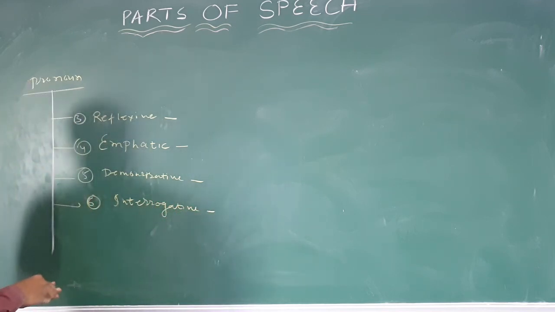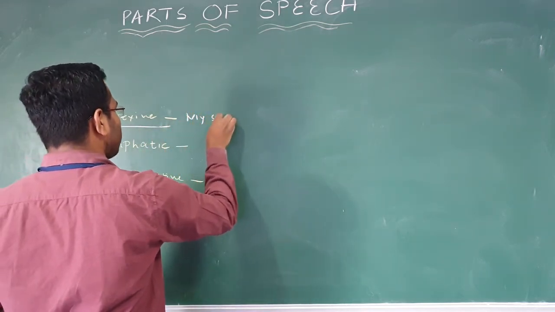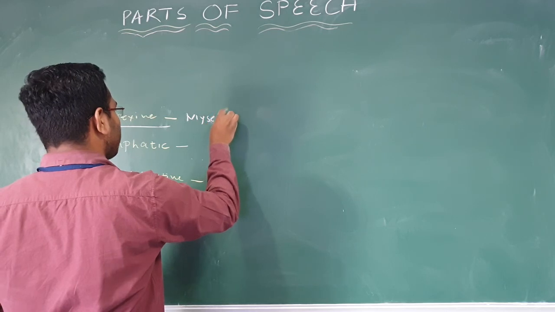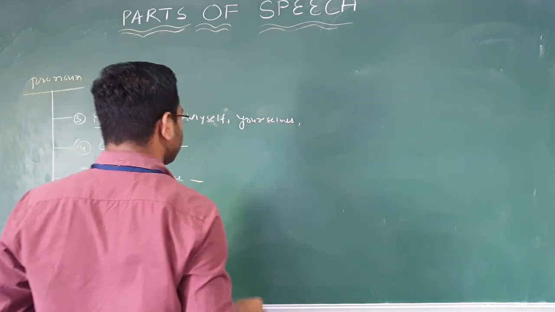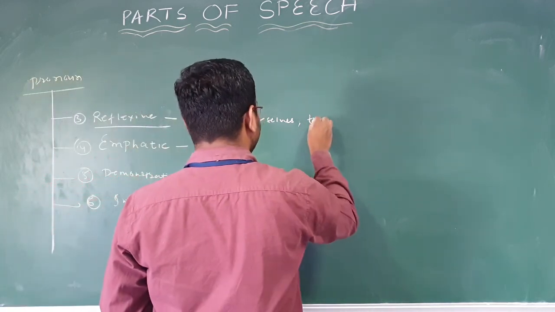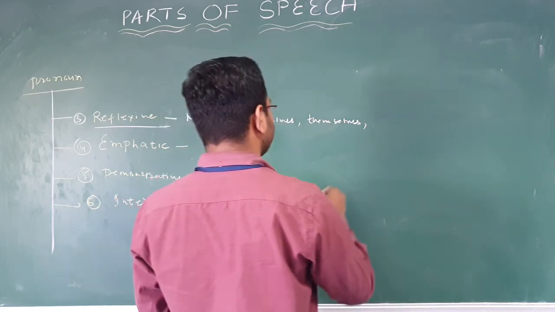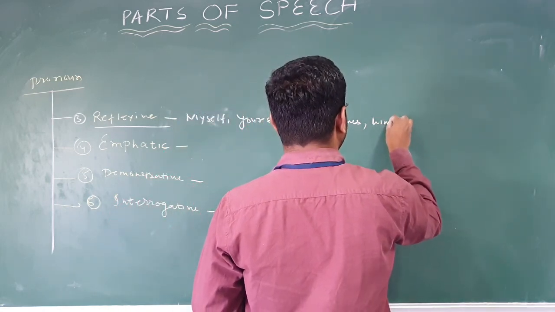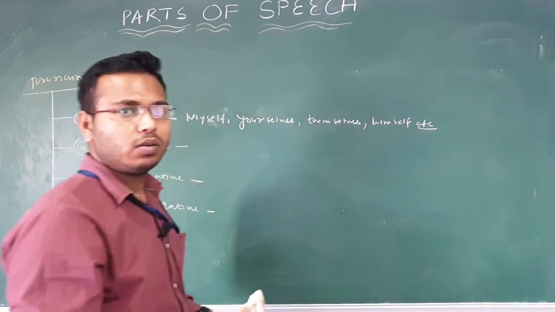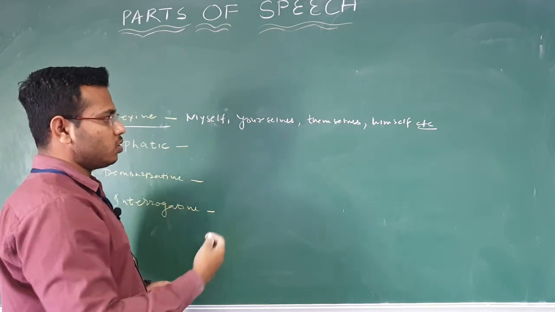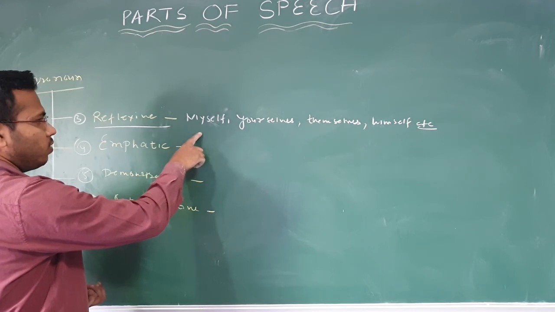All right, so let us say reflexive pronoun: myself, yourselves or yourself, both are possible, themselves, himself, etc. We have 6 to 7 categories in personal pronoun, and we are making just self or selves. So, these are called reflexive pronouns.